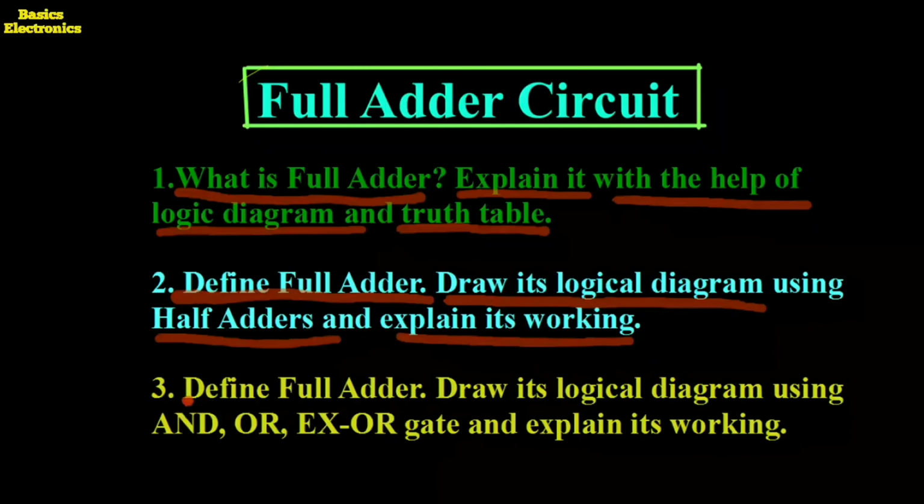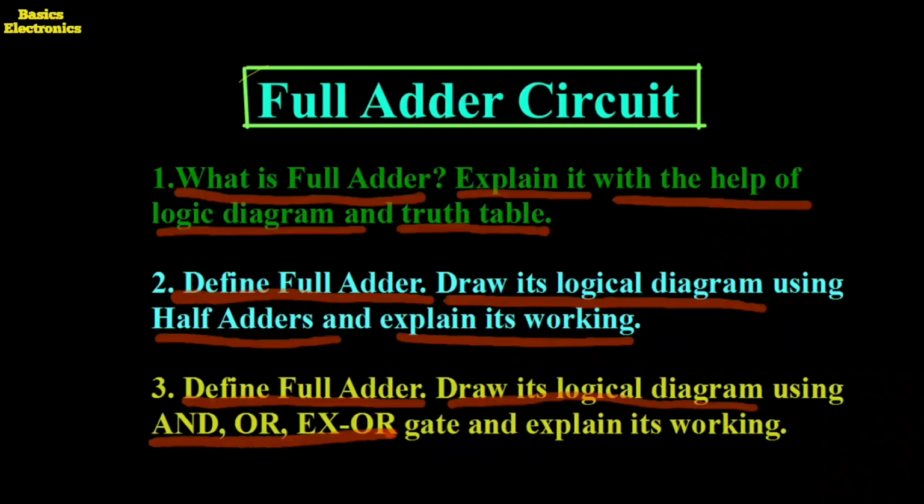Again, there is define a full adder. You have to define what is the full adder. Then you have to draw the logical diagram using the AND gate, OR gate and XOR gate, and you have to explain its working with the help of the truth table.